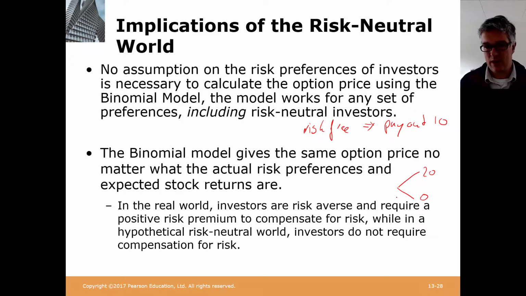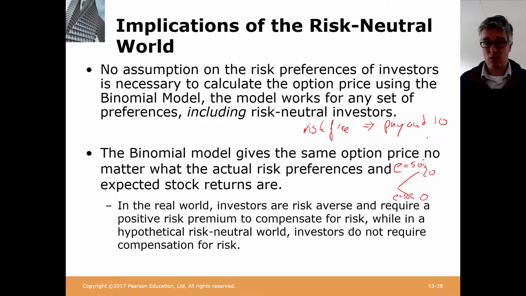Then, in a risk-neutral world, rho here would be 50%, compared to this certain payout of 10, because it gives me the exact same expected payout.